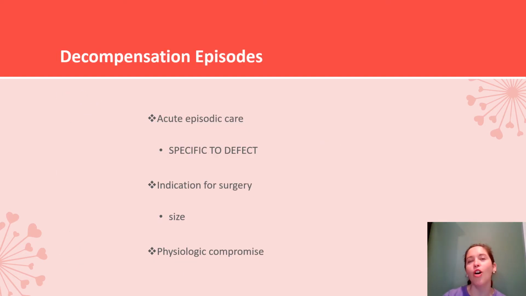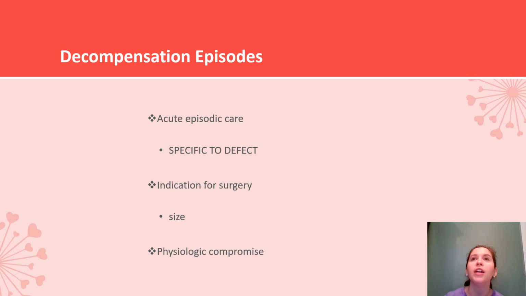So I know you guys are all anxiously awaiting our congenital heart defect categories and discussion, but one last piece of information I want to make sure you get is this discussion on decompensation episodes. When you think about decompensation in general, that means your patient is declining. In a patient with a congenital heart defect, we know their heart is in dysfunction.